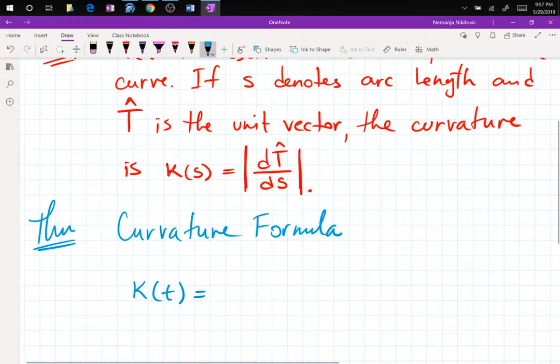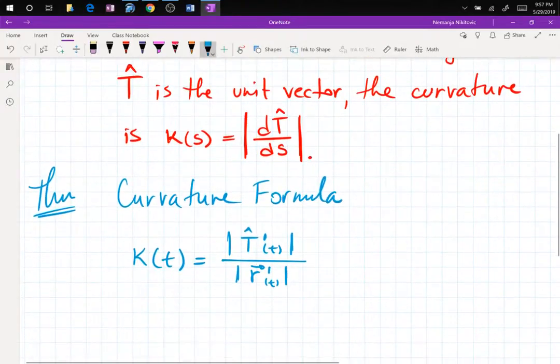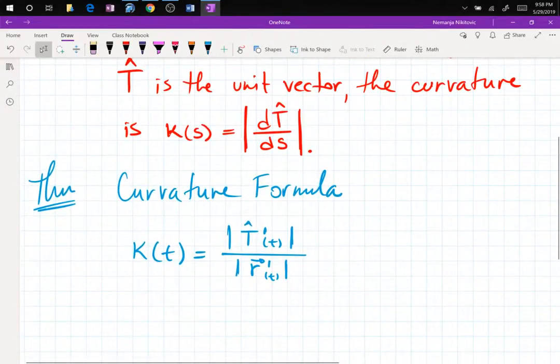So curvature with respect to parameter t is going to be the magnitude of the derivative of our unit tangent vector divided by the magnitude of r prime of t, yes, the velocity.